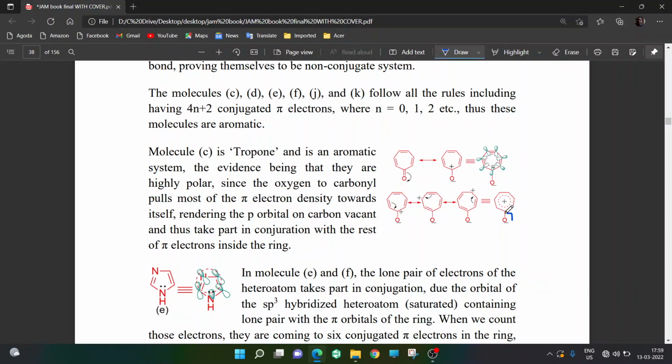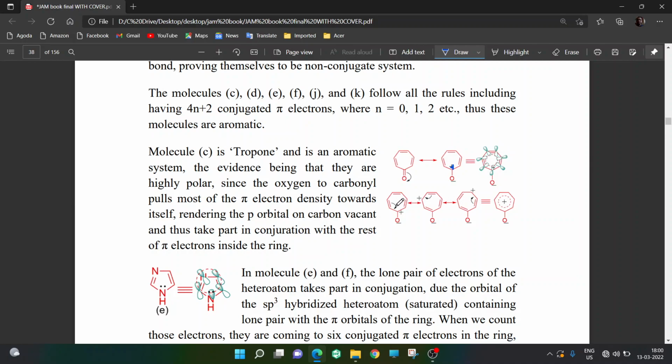Oxygen has a lot of negative polarity and the ring has a lot of positive polarity, so a very high dipole moment is there. The reason is that the oxygen takes 2 electrons, so that p orbital is vacant. That vacant p orbital we show as a positive charge, and it overlaps with all the other p orbitals, which I have shown here.